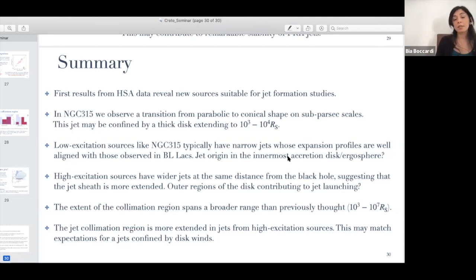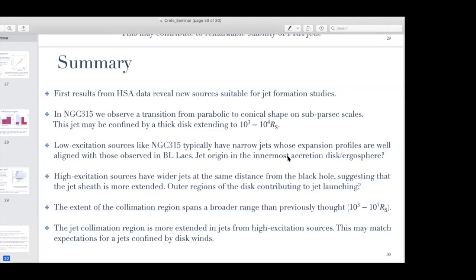Other models predict that a confinement from the medium is anyway necessary to achieve the observed degree of collimation. So there is no consensus on that, and that's why it is so important to get observational constraints. Okay, thank you. No problem.